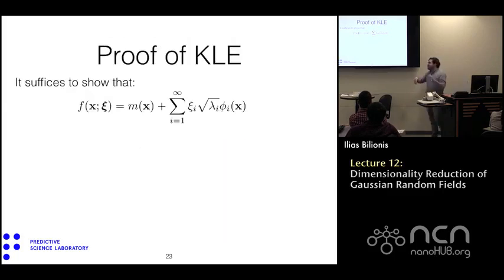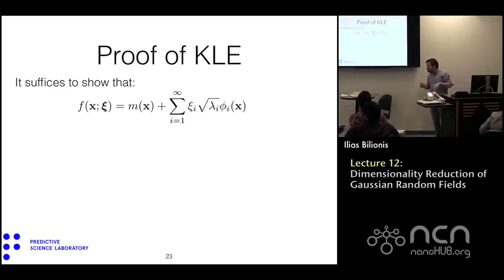All right, but let's prove it. Let's prove that if we take a Gaussian process, we can actually write it like that, where the xi's are standard normal, the phis are the eigenfunctions of the covariance, and the lambdas are the eigenvalues of the covariance. And m of x is just the mean.